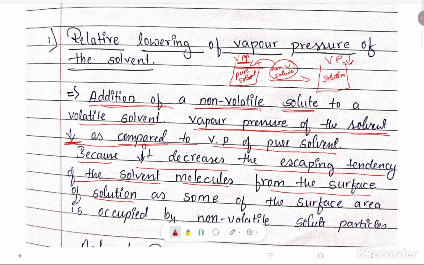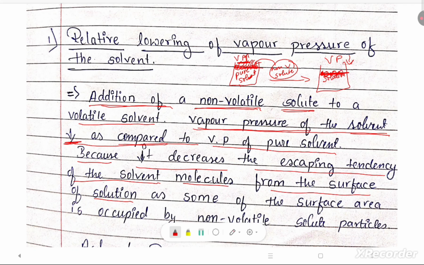That means if you see, all the particles on this surface are solvent only. At that time it will evaporate easily, and evaporating easily means it will create more vapor pressure. But in this solution, you can see one is solute, one is solvent; solute, solvent, solute, solvent, like that.